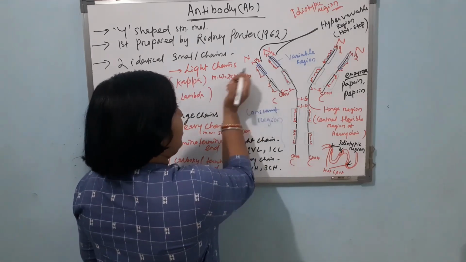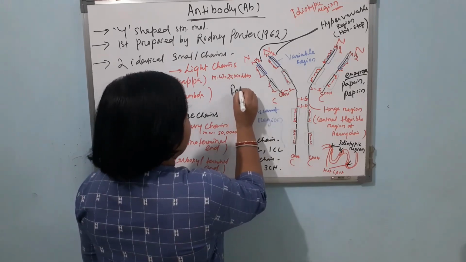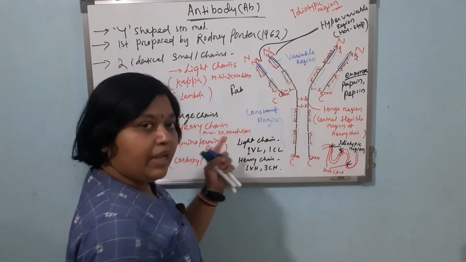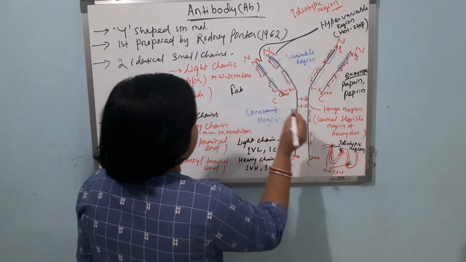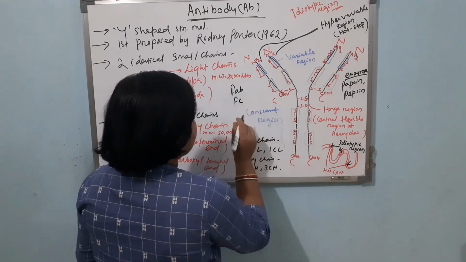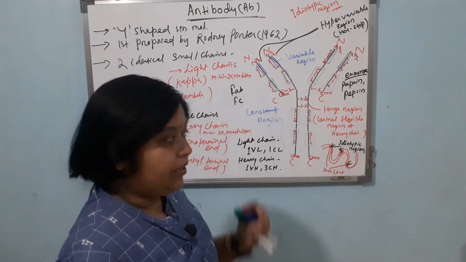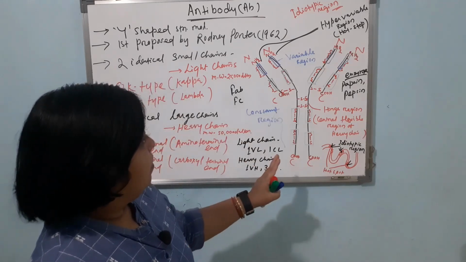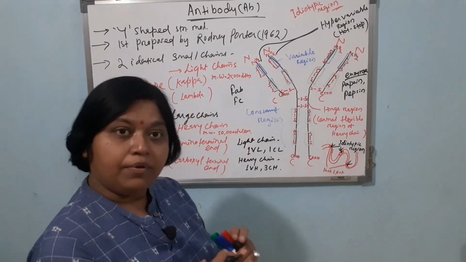One fragment or one piece is known as FAB, or you can say antigen binding fragment. Another one fragment is known as FC fragment or crystallizable fragment. This is all about the structure of antibody.